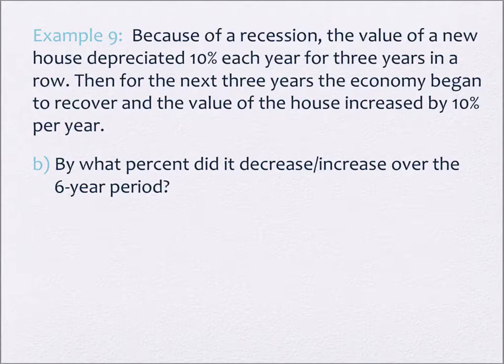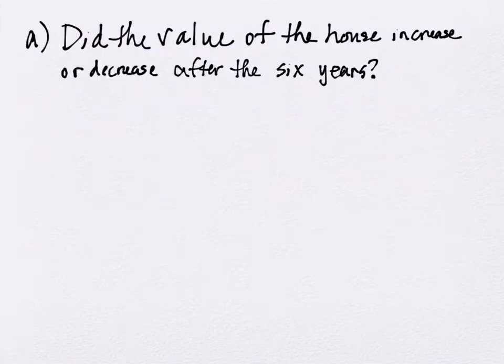So you can set an arbitrary value for your house to work with the problem, because in the end it won't matter; the percents would have worked the same way no matter what you chose. The value I like to start with, because I think the math works out cleaner, is just $100,000 for a house. You guys good with that? Okay. So we're going to say that our original house is $100,000.